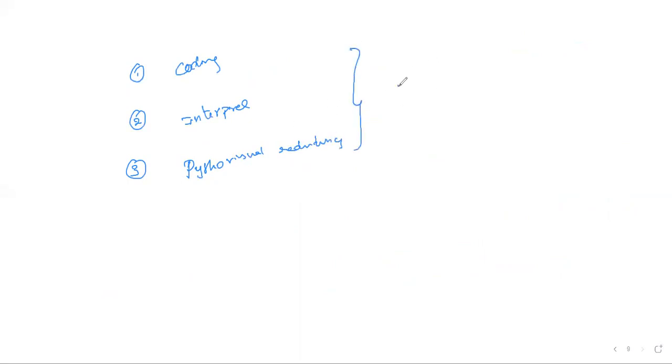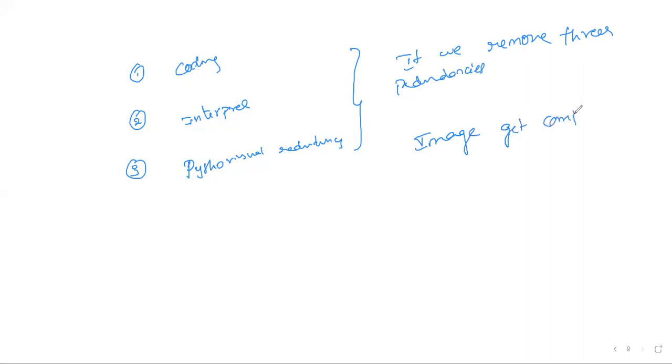So if you remove these three redundancies, the image gets compressed.